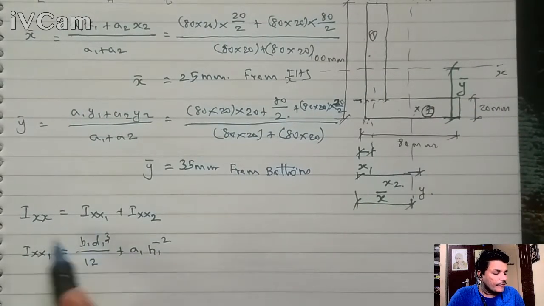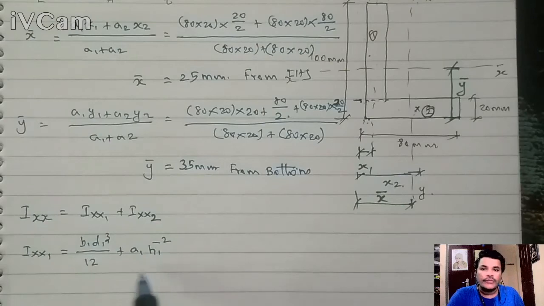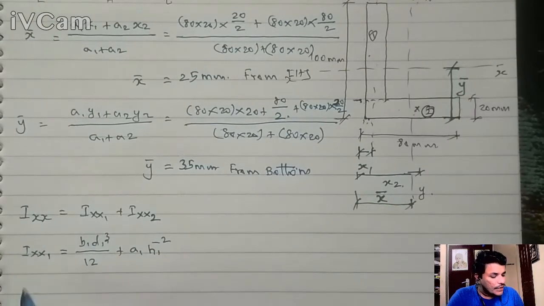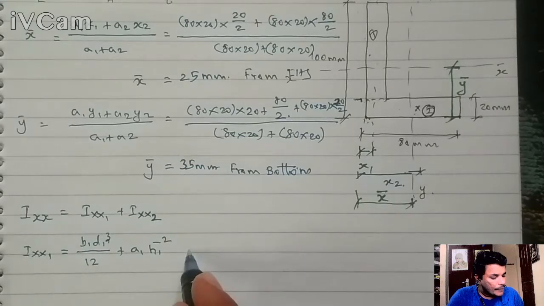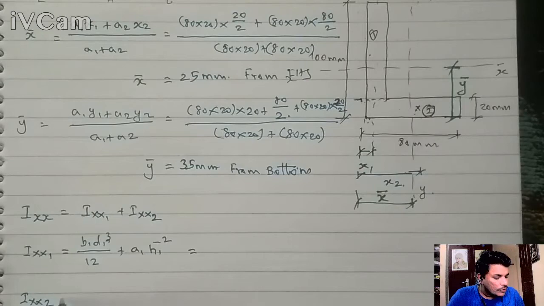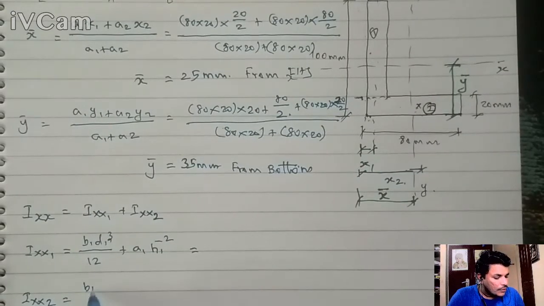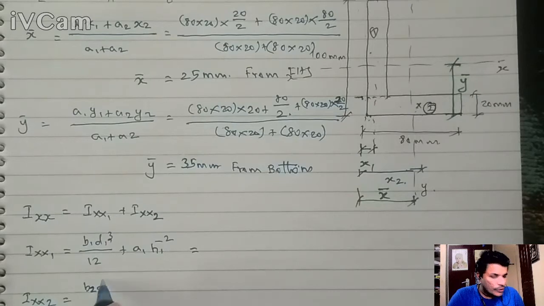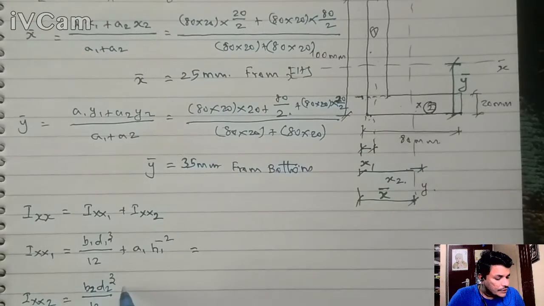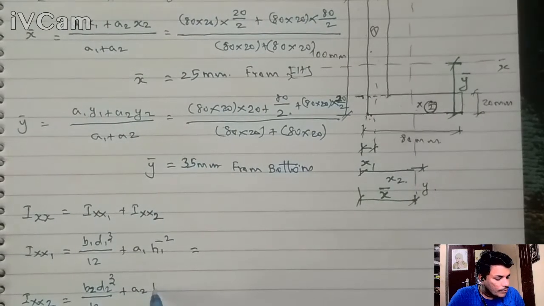So this is the formula derived from the theorem of parallel axis. Okay, similarly Ixx2 is equal to b2 d2 cube divided by 12 plus a2 into h2 bar square.